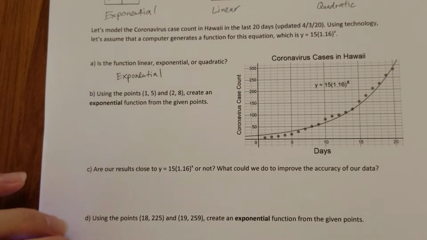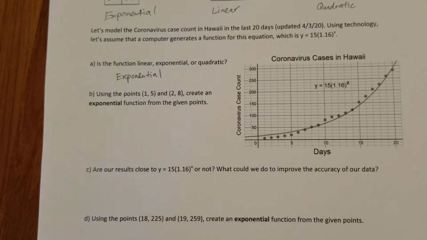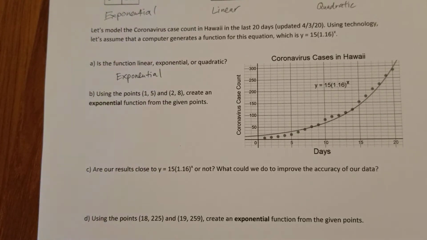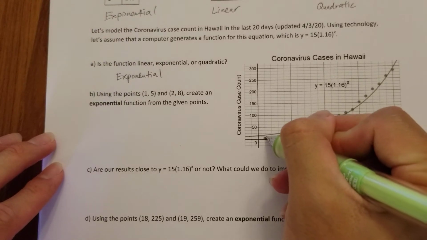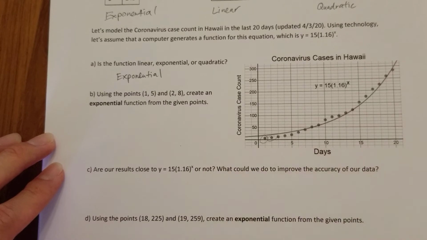Okay, so the next part says using the points (1, 5) and (2, 8), you want to create an exponential function from the given points. We're using these points here, (1, 5) and (2, 8).